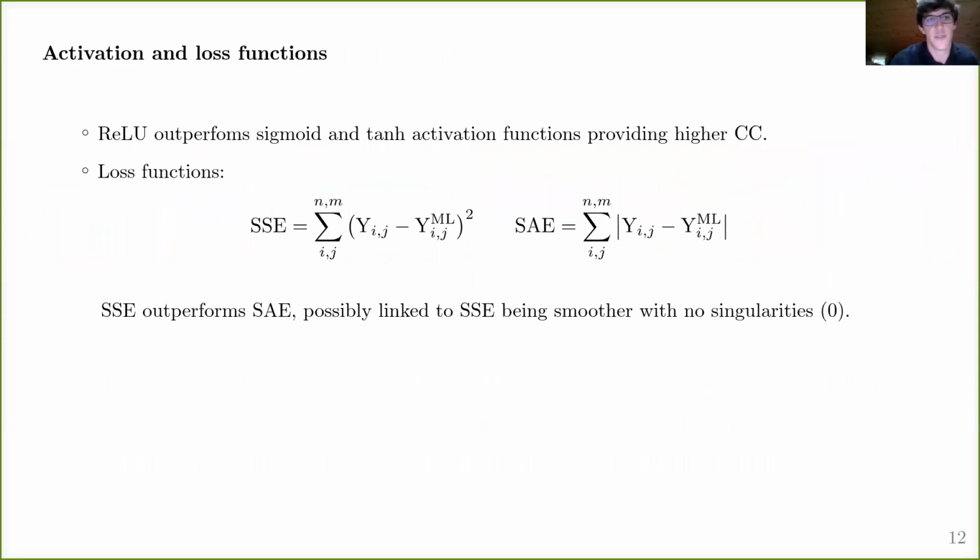Then we tested different activation functions and loss functions. For the activation functions, the one typically used in neural networks nowadays is the rectified linear unit function, but other functions tested before were the sigmoid or the hyperbolic tangent functions.